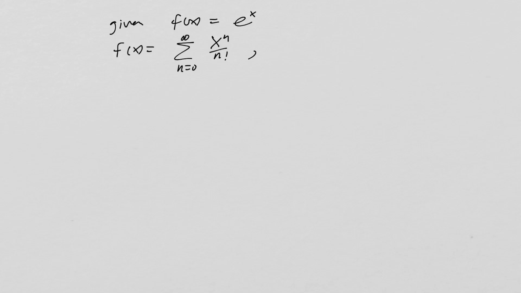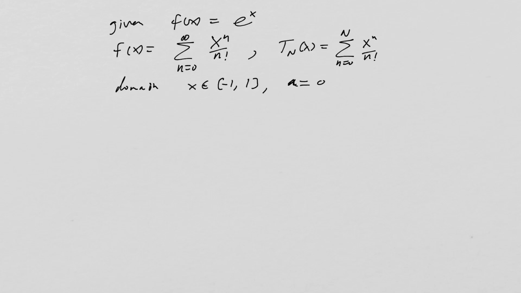And then the truncation, of course, now just stops at a specific value of n. Starts at 0 and goes up like that as follows. And so the domain we're going to be interested in is x from negative 1 to 1. So that means our expansion point is just going to be 0.